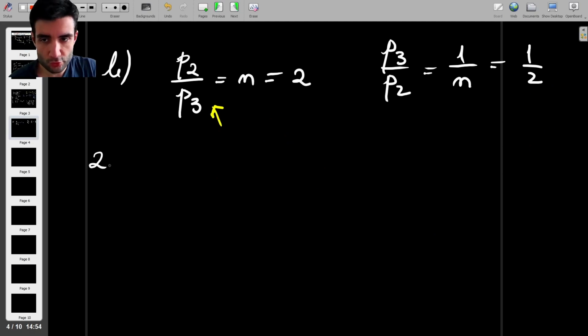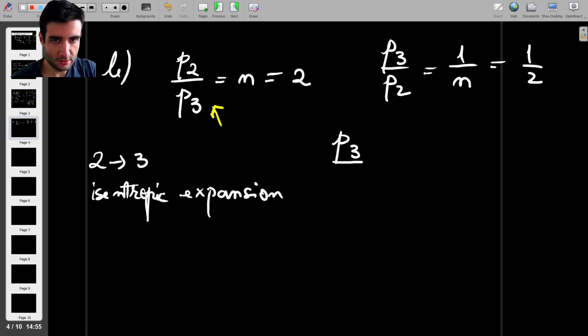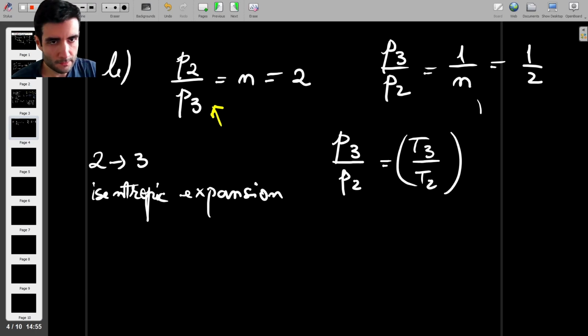So from 2 to 3, so that is an isentropic expansion. So during the isentropic expansion, we have that P3 over P2 is equal to T3 over T2 to the power gamma over gamma minus 1.